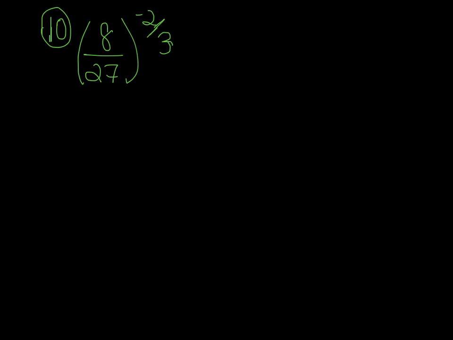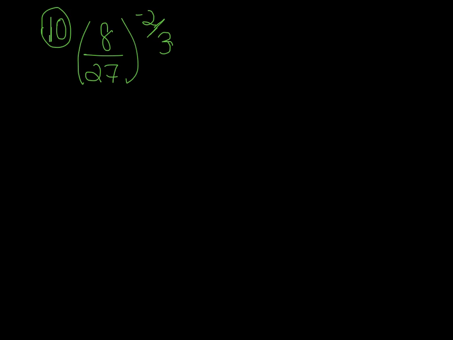So the last one we're going to look at is number 10. So if you want to turn the page of your packet, I want to look at that one because we have quite a bit to do with this one. If you go back and look in your notes at number 3 that we just did, remember when we had a negative exponent, we would take that base and put it over 1 because that 10 was a whole number.